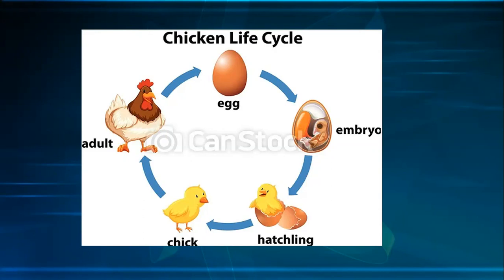Bring it to we humans. The first thing is that our mothers had us in their tummy. The next thing we started growing. It started forming as a baby. After a while, 9 months, the baby is given birth to.